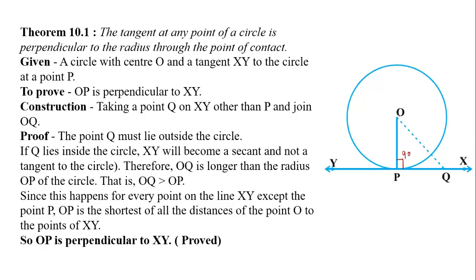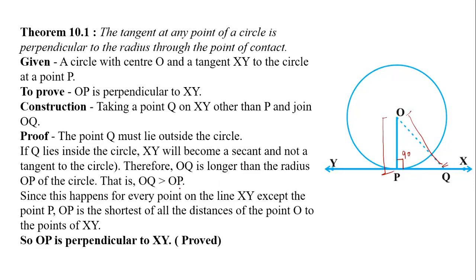So the distance OP will be less than OQ, because OP is the radius of the circle. We can take an infinite number of points on the tangent XY, but no distance will be less than OP, because all the points will lie outside the circle and only one point P is on the circle, and OP will always be less than the distance to all the points that we take on the tangent.